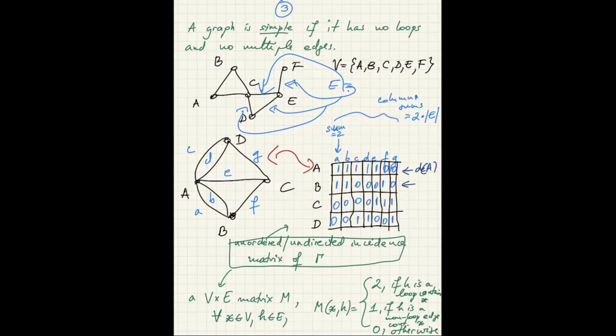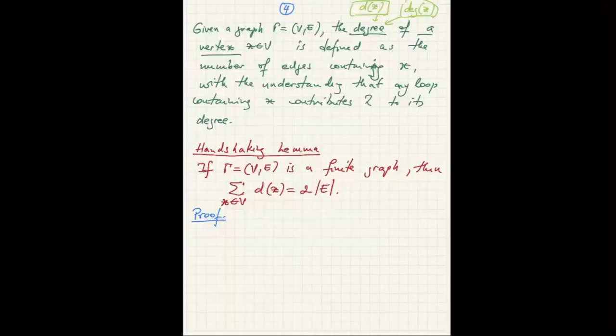So you get the degree of A on the first row, which in this case is 5. Then you get the degree of B on the row of B, which is 3. And then you get the degree of C, and then you get the degree of D. So because the sum of the entries in this matrix has to be equal, it means that the sum of the degrees equals twice the number of edges.